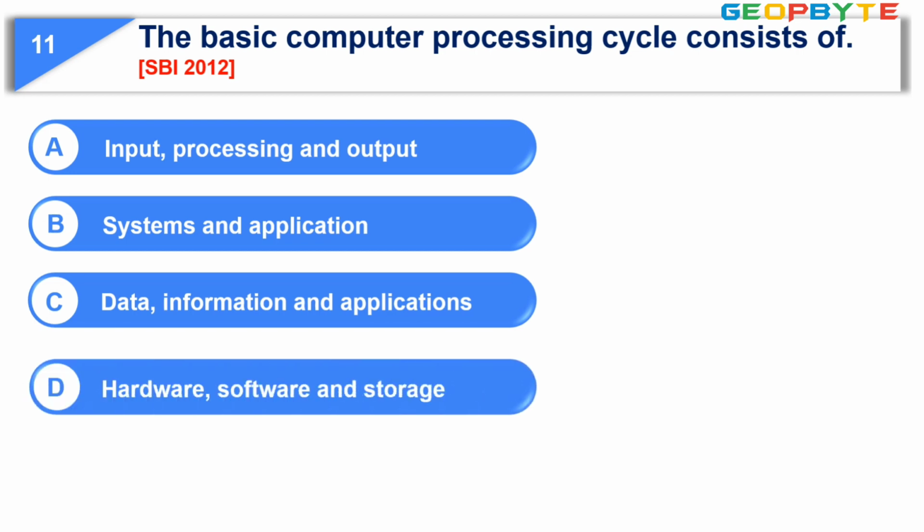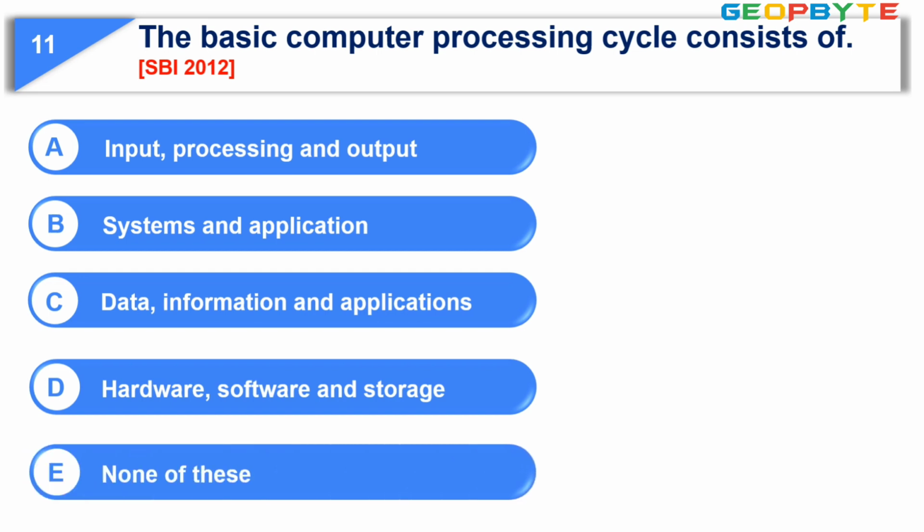Option D, hardware, software and storage. Option E, none of these. And the correct answer is option A, input, processing and output. Computer takes the input, processes it and produces output.